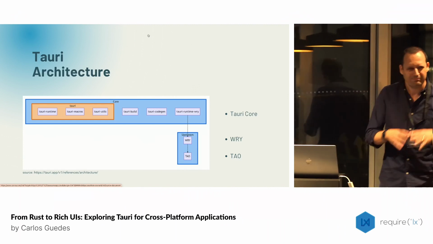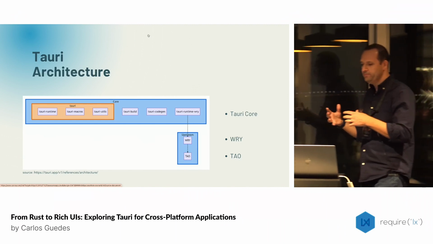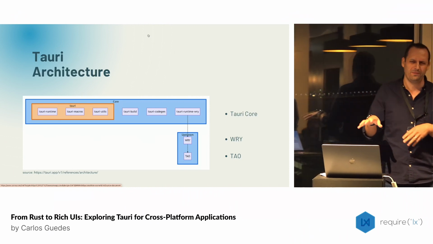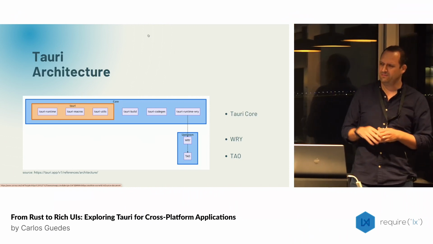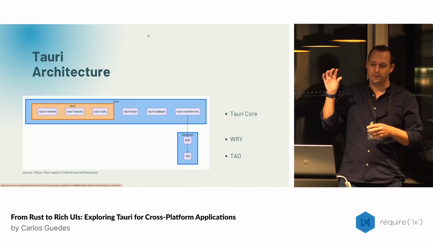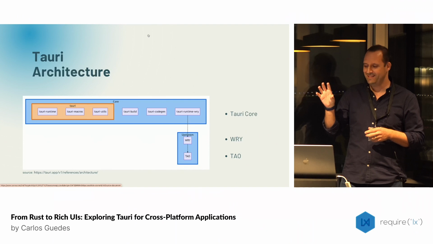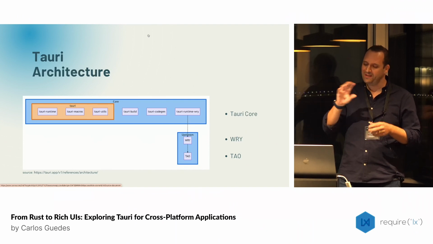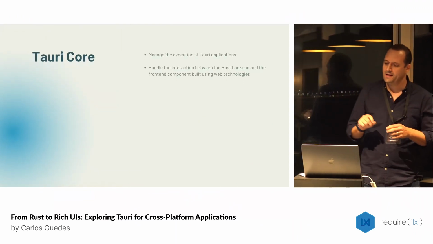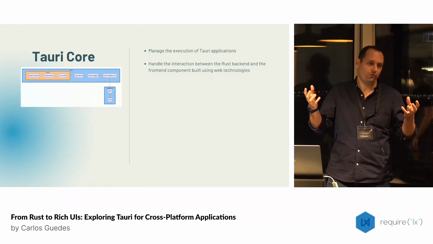So these are the main core features of Tauri. The architecture is super simple. I just copied this from their website. It's just to say that they have these three main parts, the core, the WRY, and the TAO. The Tauri core manages the execution of the application.